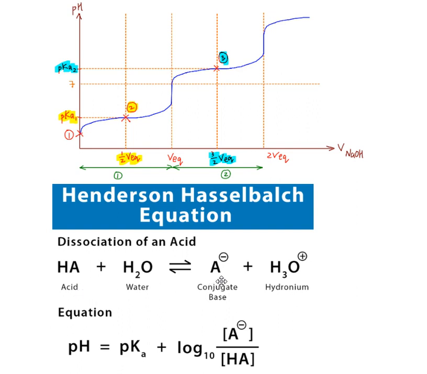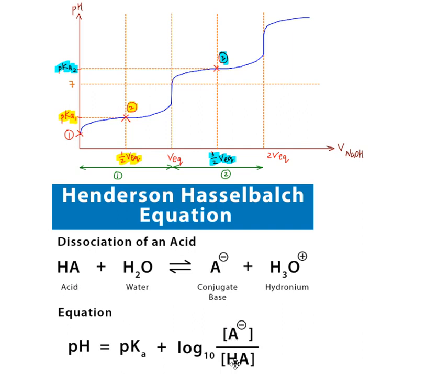We get 5 of this conjugate base, and 5 molecules are left. Since it's a 1-to-1 ratio, the 5 molecules that dissociate generate 5 of the conjugate base. So it's 5 and 5.